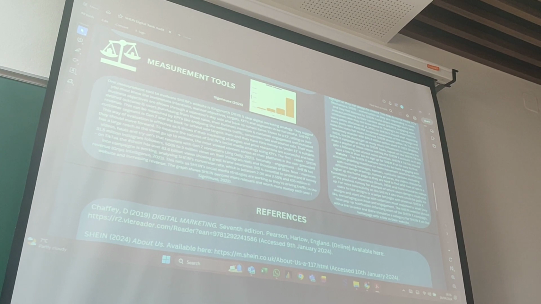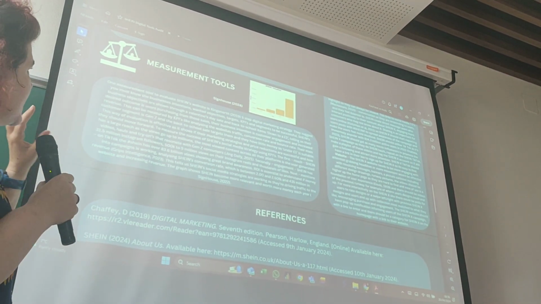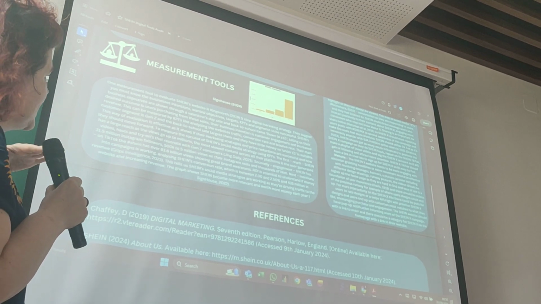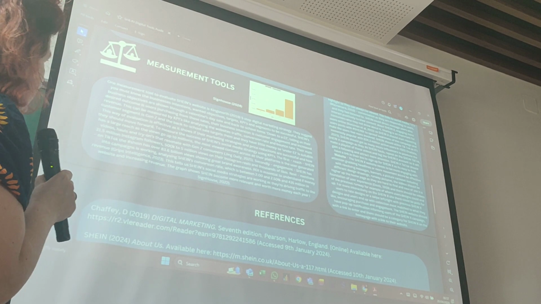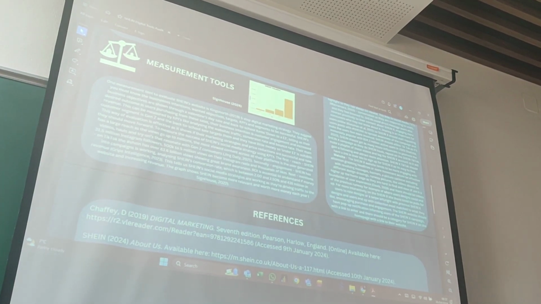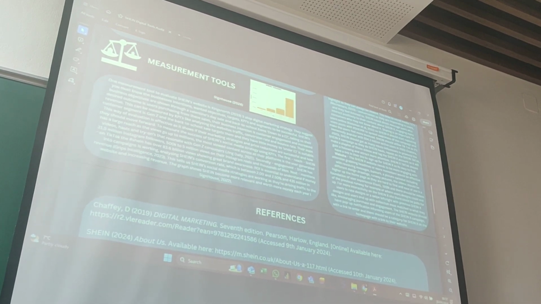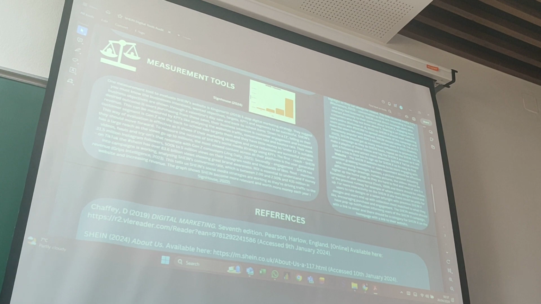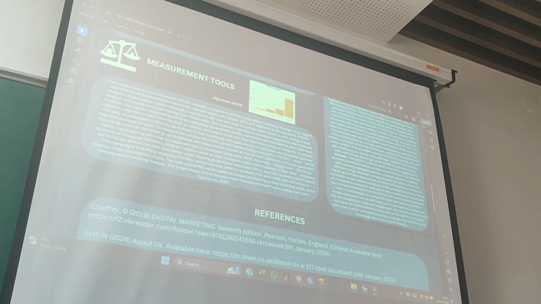Then in terms of measurement tools, because they've been focusing on websites and social media, those are the measurement tools that they're focusing on. So they've said one measurement tool to evaluate Shein's website is King's Law 5-step digital marketing strategy. They suggest you must know the business intentions, wanted objectives, targets, KPIs and segments to be successful.